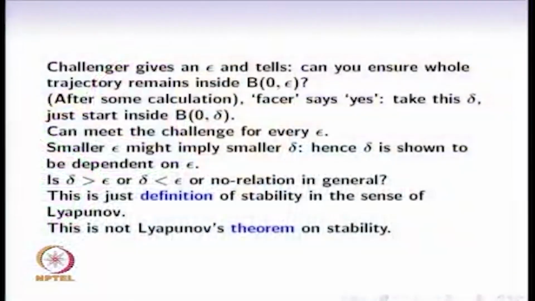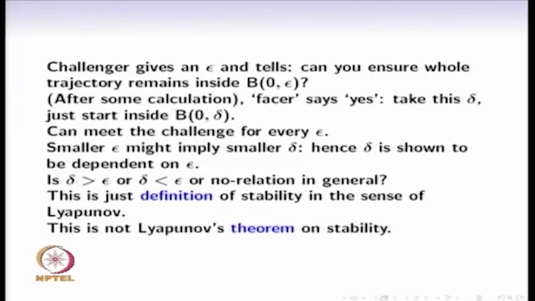This is only to note that delta is not unique. One could ask the question, can we make this delta larger and larger, and for each epsilon there might be a unique largest possible delta. In that sense it might be unique. It is also clear that when epsilon is made smaller, then we might have to make the delta smaller. One could ask the question, in general, what is the relation between delta and epsilon?